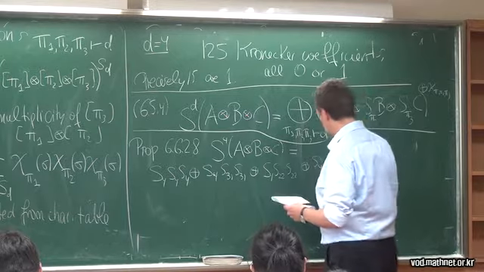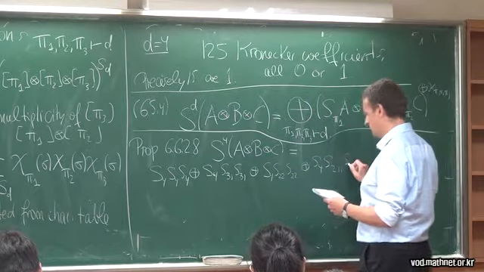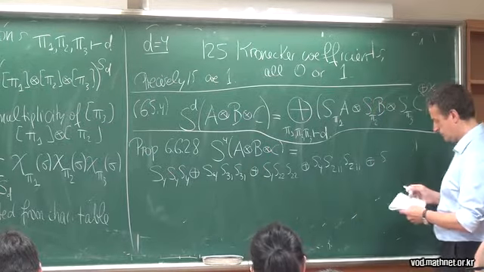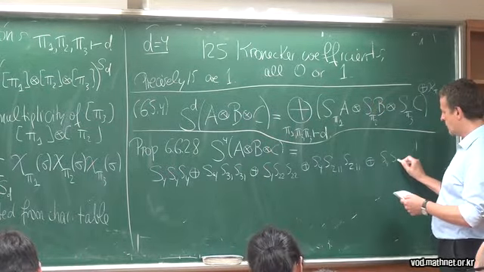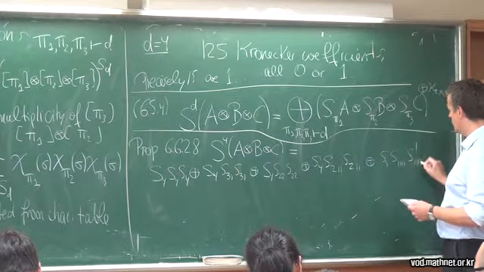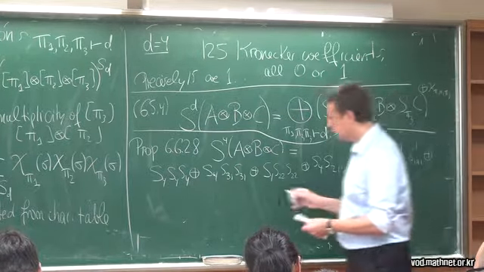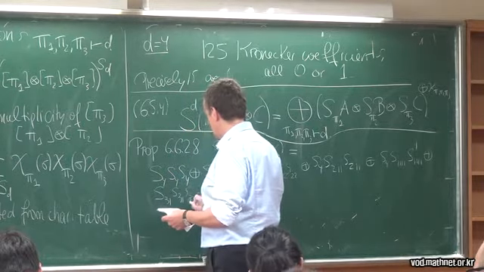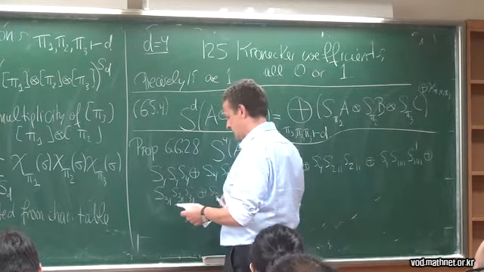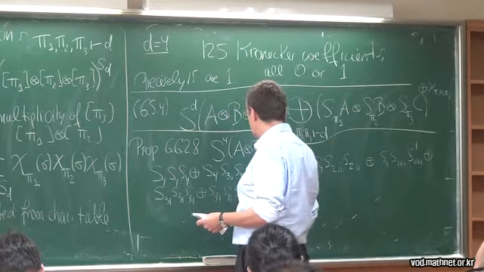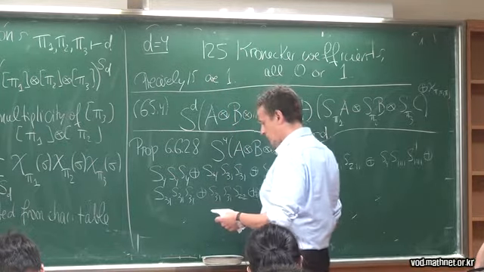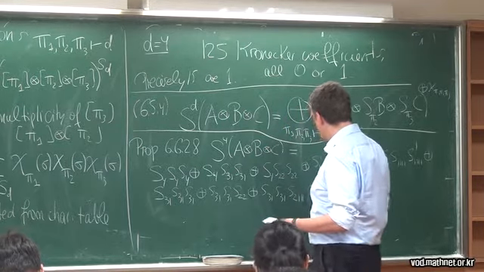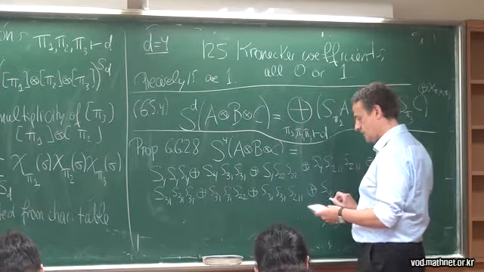No, only 15. Let's write them down. S11, 211, 211, and so on. S31, S31, S31 occurs. S31, S31, S22. So these are the 15 triples of partitions that occur.